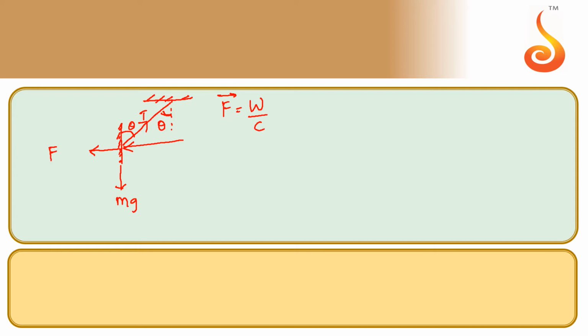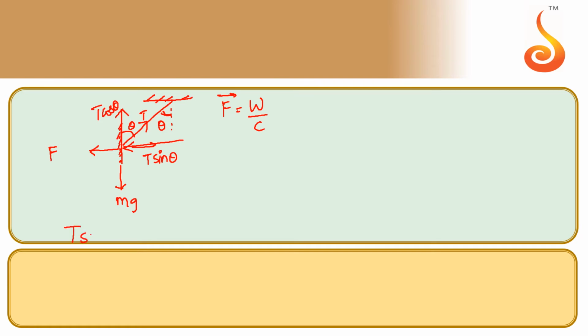So tension can be resolved into two components. This will be T cos theta and this will be T sin theta. Since the strip is in equilibrium, the sum of all forces is 0. That means F is equal to T sin theta and T cos theta is equal to mg.